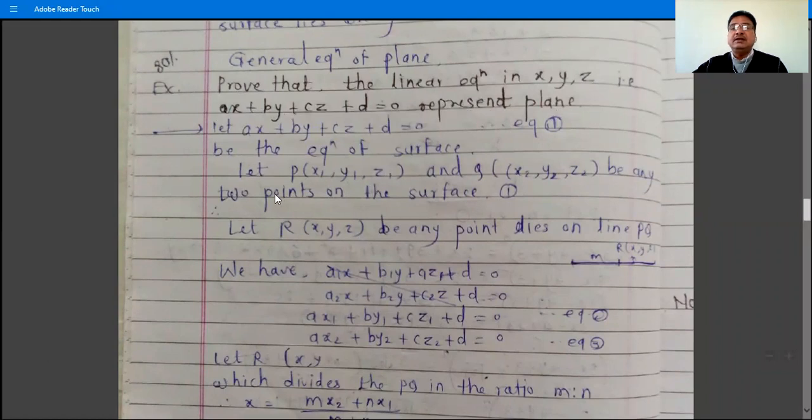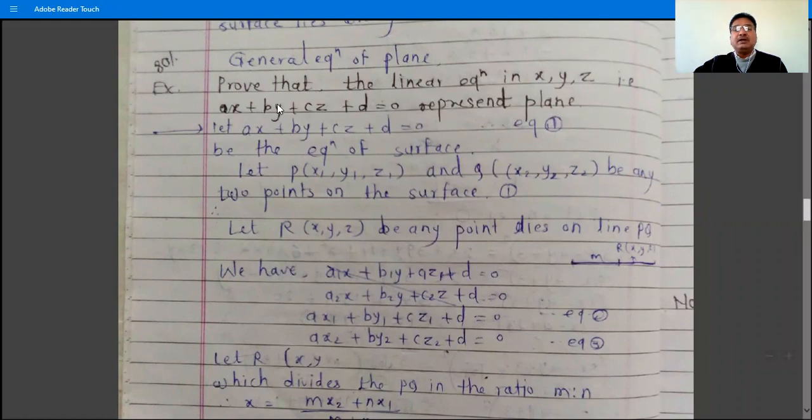Like a linear equation in x and y represents a line. What is that? ax plus by plus c is equal to 0 is the linear equation in x and y, and this equation represents a line. This is a linear equation in x, y, z, and this represents a plane.